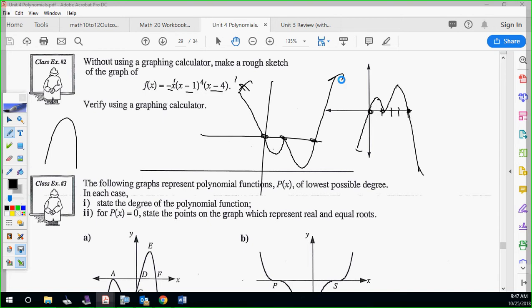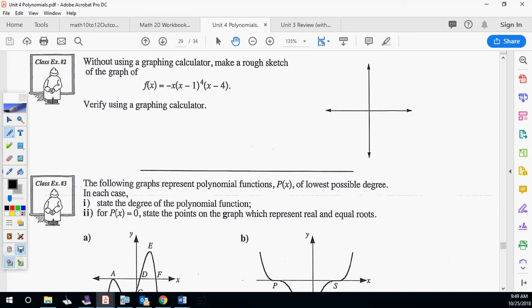Okay. All right, good. And then another thing to think about with that is, notice, here's an interesting thing. That one is, I just erased it, sorry. But did you guys see how this is a negative graph, but negative 1⁴ is positive 1, right? Times a negative 4. So where was our y-intercept on that graph?